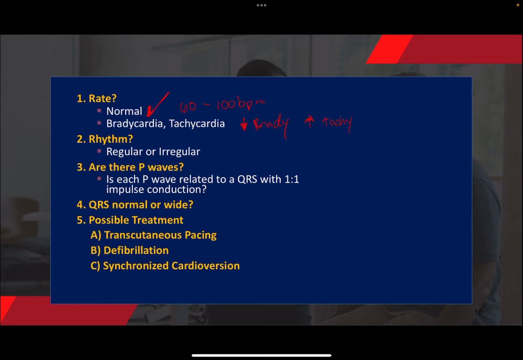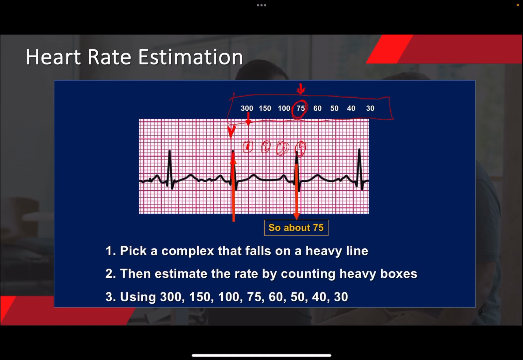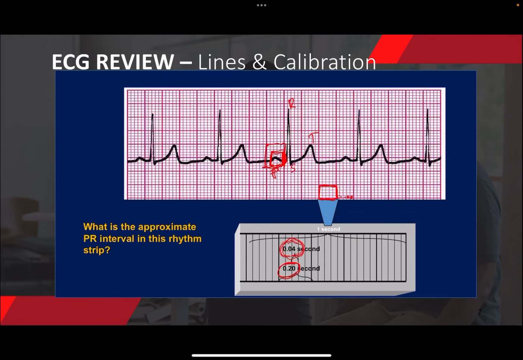All right, and then next would be the rhythm. You need to look at the rhythm. Is it regular or irregular? To say that it's regular, the R to R segment should measure the same. There should be no dropped beat. The measurement should always be the same. So let's say for this ECG, this is the R, this is the R. The measurement between this and this and this and this should always be the same.